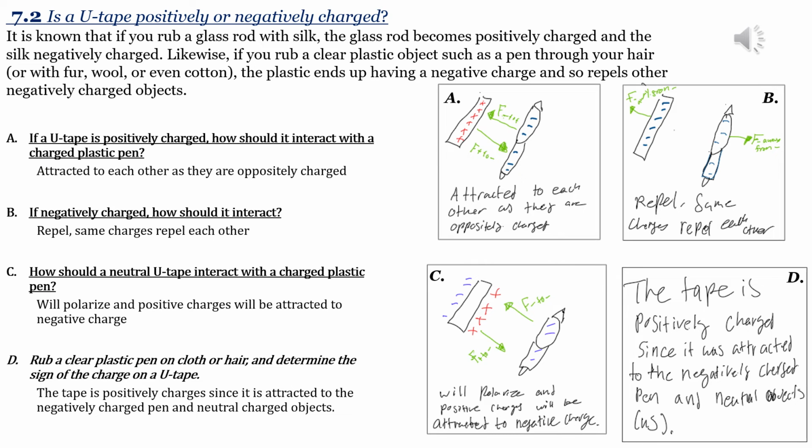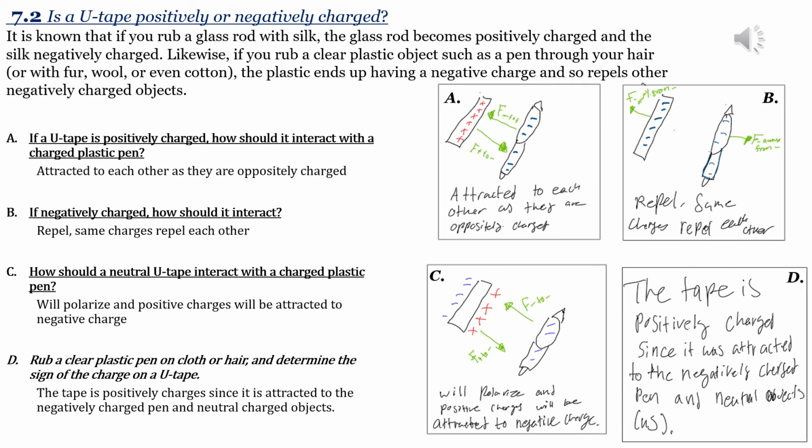Here are some questions from our lab instructions. If the tape was positively charged, how would it react with the negatively charged pin? Since opposite charges attract each other, it will be attracted. If the tape was negatively charged, it will be repelled from the negatively charged pin, since the same sign charges repel each other.